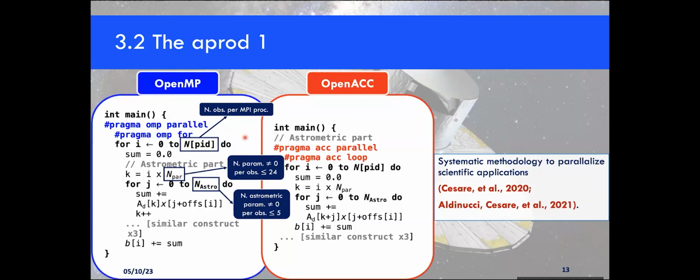In this porting, we basically replaced the OpenMP directives with the corresponding OpenACC ones. So we translated a code thought for CPU simply to the GPU by replacing these directives. And to parallelize this application, we applied a systematic methodology to parallelize scientific applications as described in these two works.